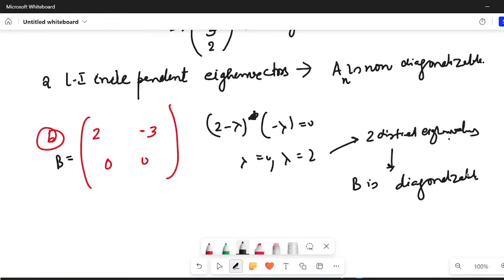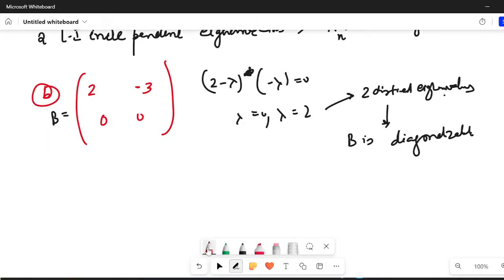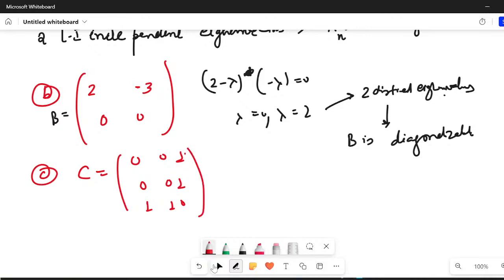Now think about this matrix, whether this is diagonalizable or not. 0, 0, 1, 0, 0, 1, and then 1, 1, 0. What do you think? This matrix is also diagonalizable.